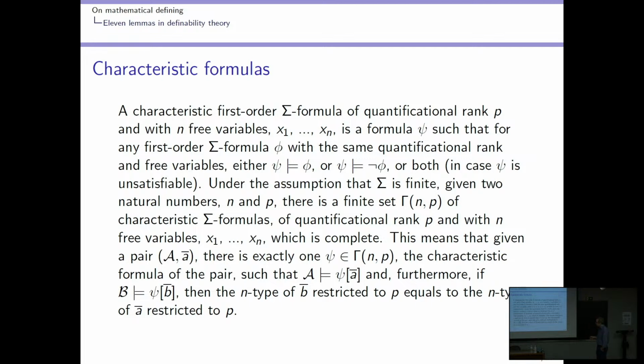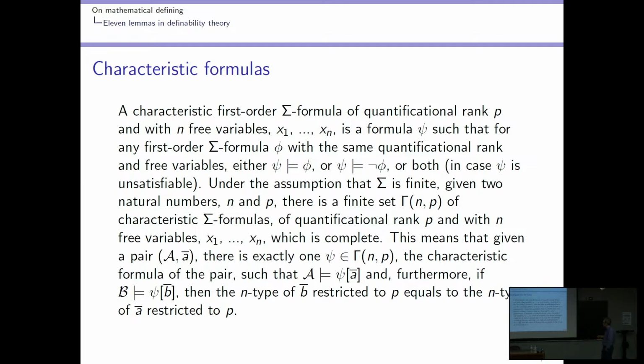So what are the possible states an n-tuple can be? These are the characteristic formulas in gamma, and there is a finite number of states in this case. So the characteristic formula of the tuple is such that this holds.